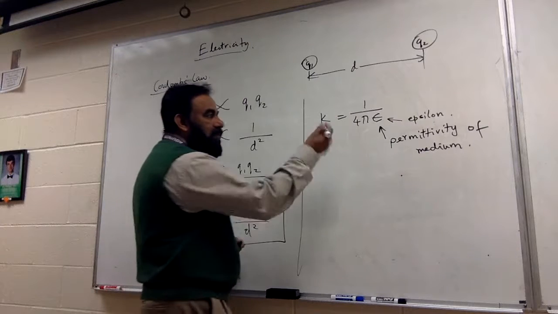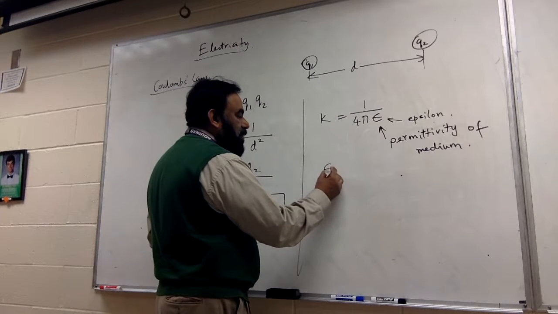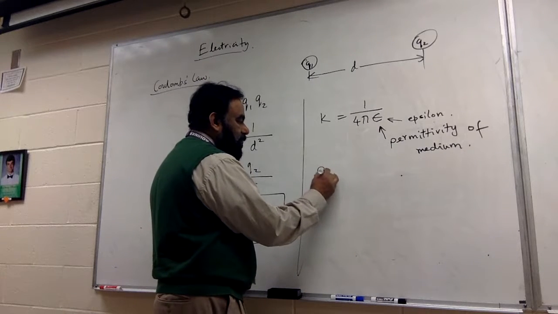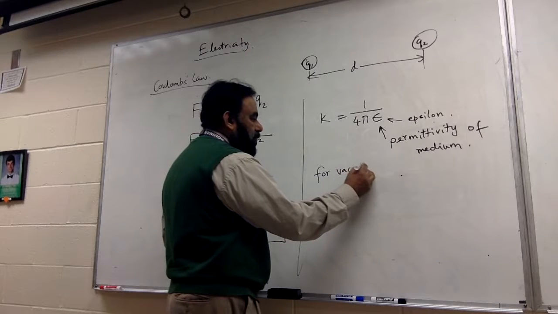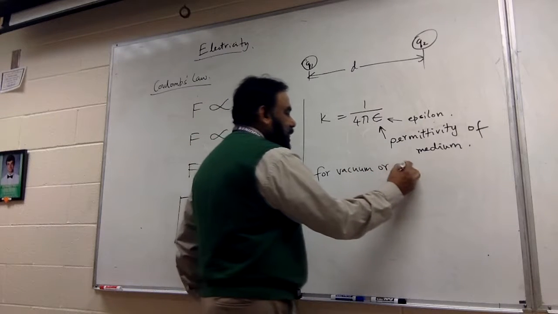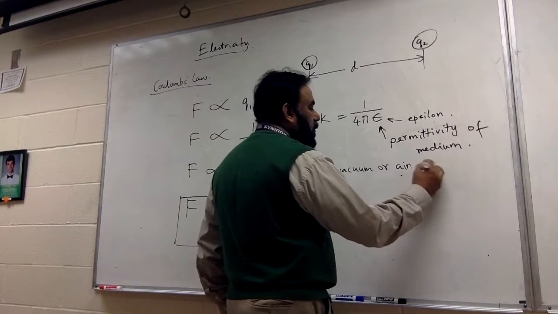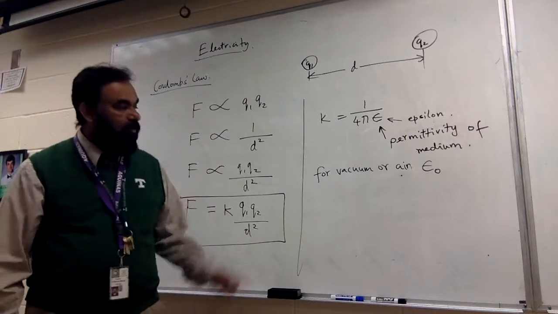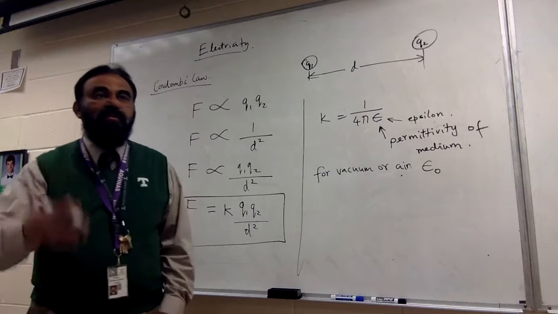Now, if the medium is vacuum or air, we call the permittivity epsilon naught.